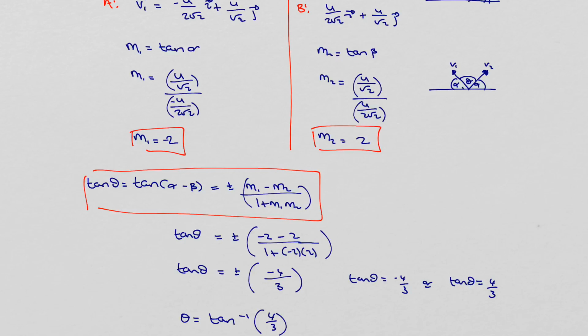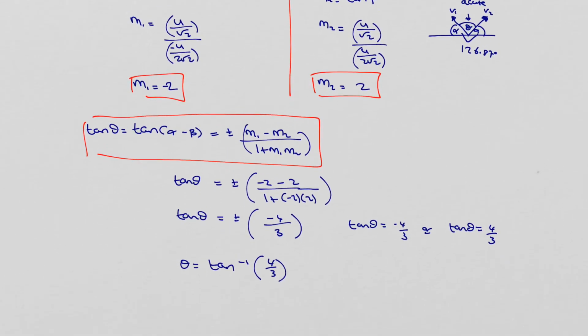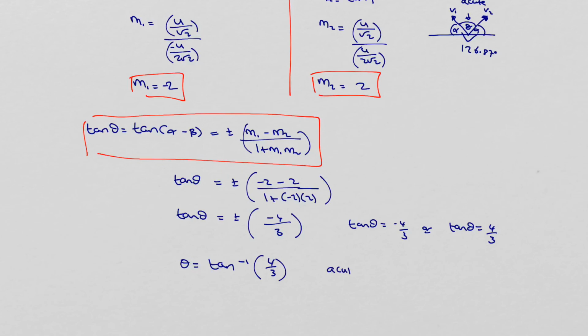So these two angles here would combine to give you approximately 126.87 degrees, which means this angle here has to be acute. So therefore, that's why we're taking theta to be tan inverse of 4 over 3 rather than tan inverse minus 4 over 3, because we're looking for the acute angle. And that's what they wanted us to show as well.